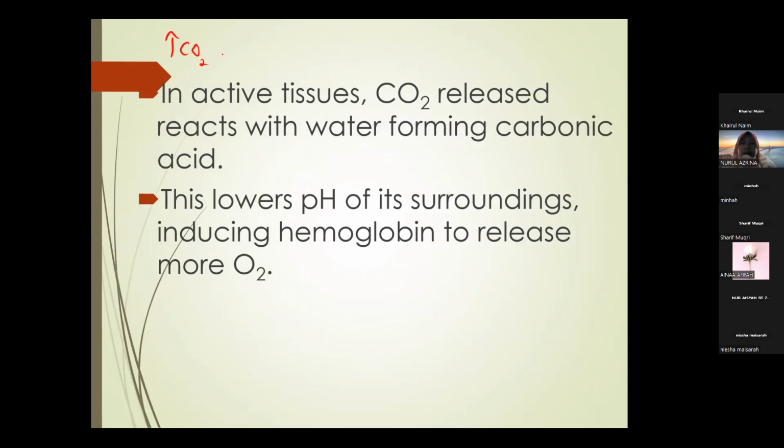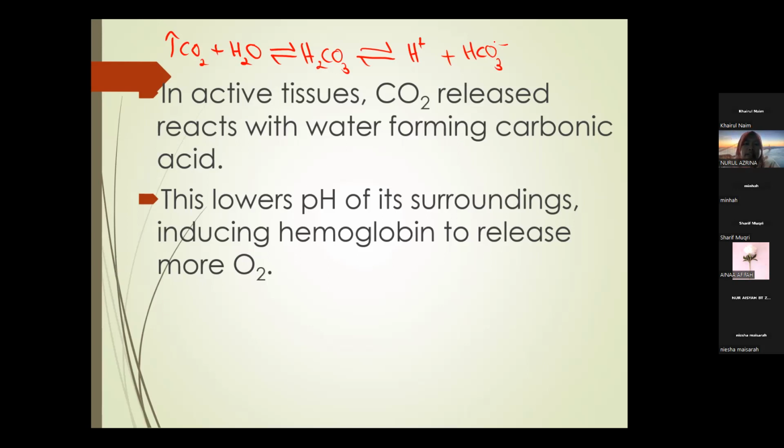So in other words, carbon dioxide is easily soluble. Right? Dia sangat senang terlarut dalam air. So carbon dioxide will react with water and it will form carbonic acid. Okay, carbonic acid will dissociate into hydrogen ion and bicarbonate ion.